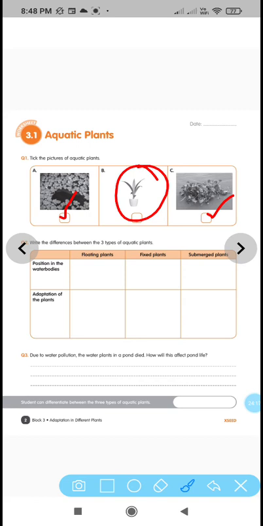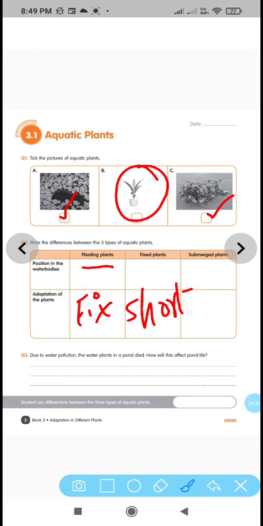Next one, adaptations of the plants. What adaptation is shown by these plants? So floating plants, you know, have roots that are fixed in the soil. That adaptation they are showing. And spongy stems, all these 3 types have. And fixed plants have short roots. So: floating plants, fixed roots.